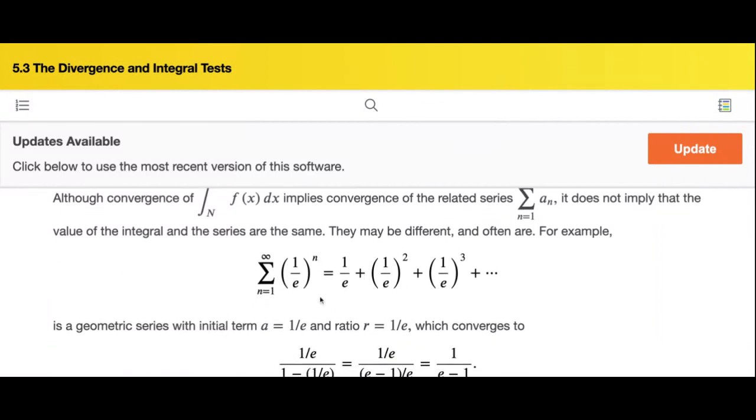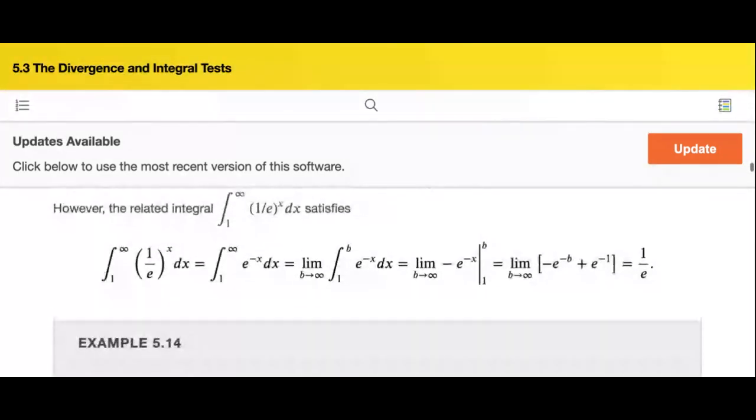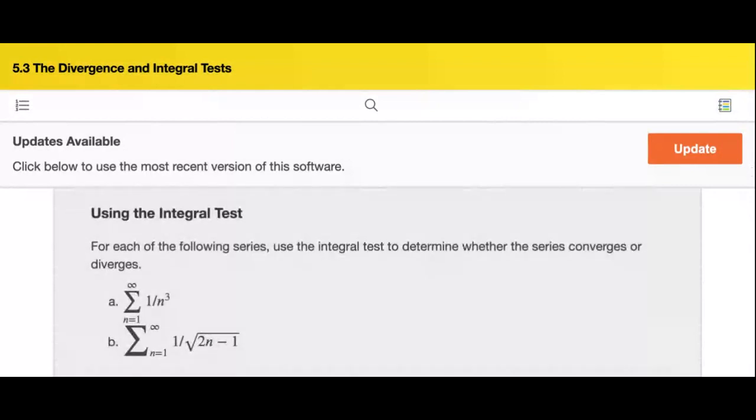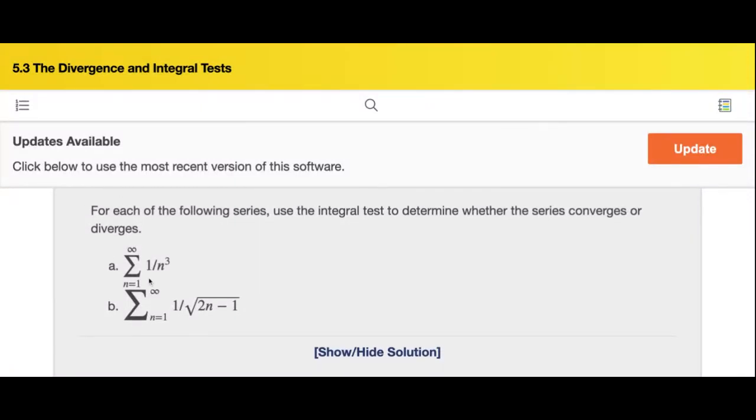Okay, so this is one of the examples you can see. This is a geometric series, all right? Okay, let's see some examples using the integral test. So a_n is 1 over n cubed. Of course, what are we going to do?